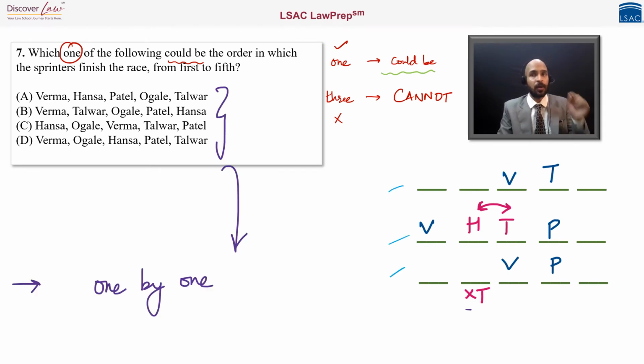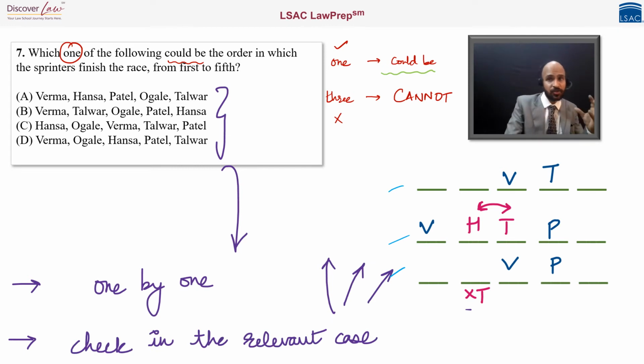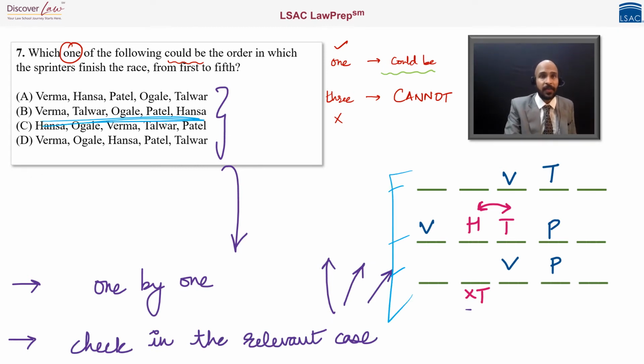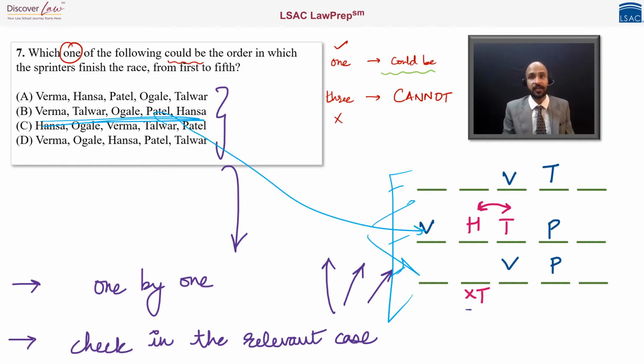So you look at them one by one and check the relevant case. If an option conforms to 1 or maybe 2 of these diagrams, you see which one is possible. If it's possible for it to happen, that is the right answer. The ones that are never possible are the wrong options. Let's look at them one by one.